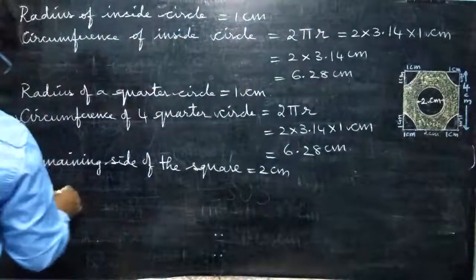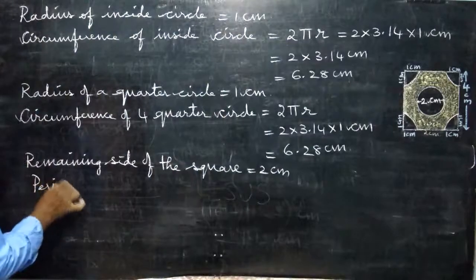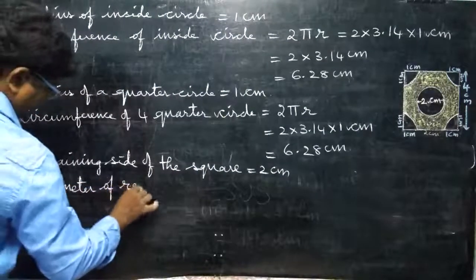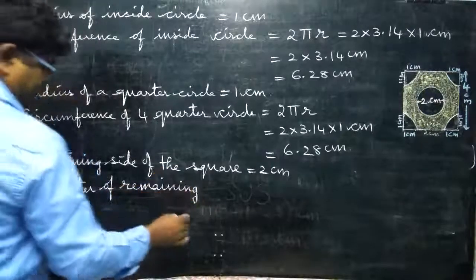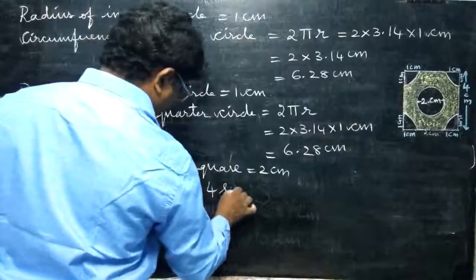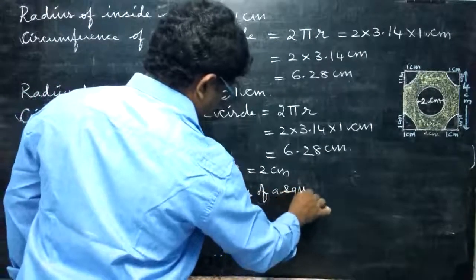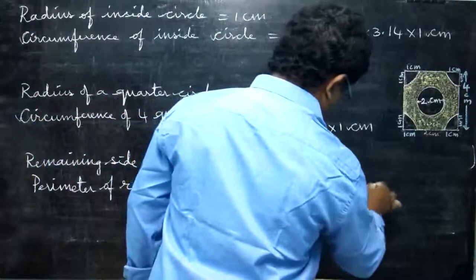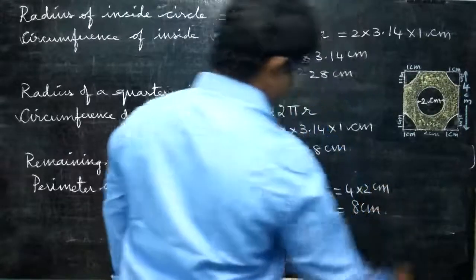So the perimeter of the remaining 4 sides of the square is 4 into 2 centimeters, that is 8 centimeters.